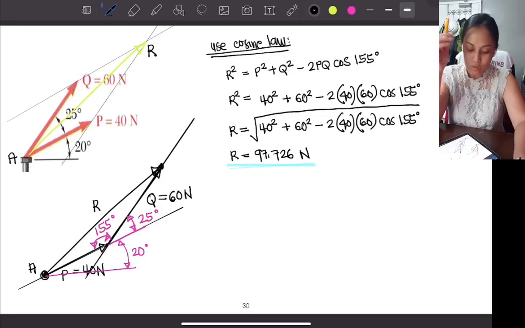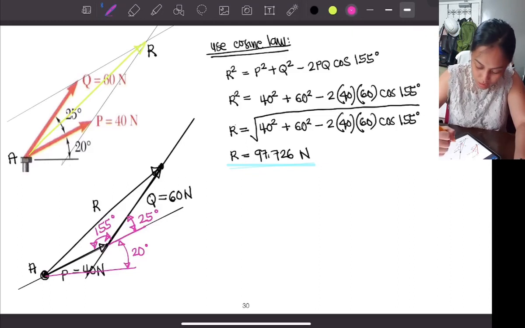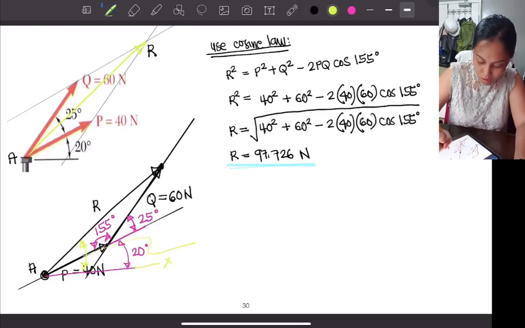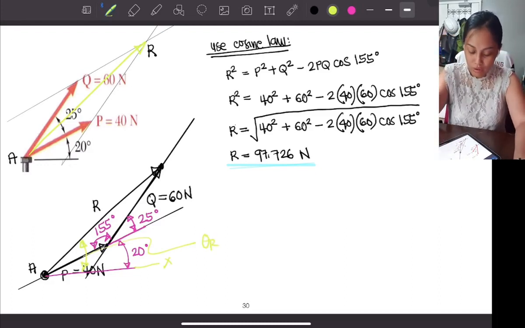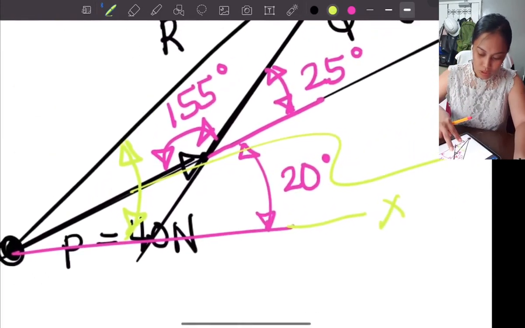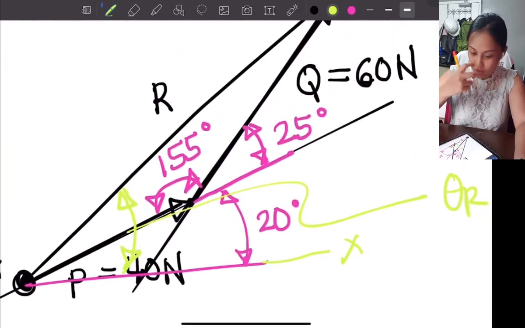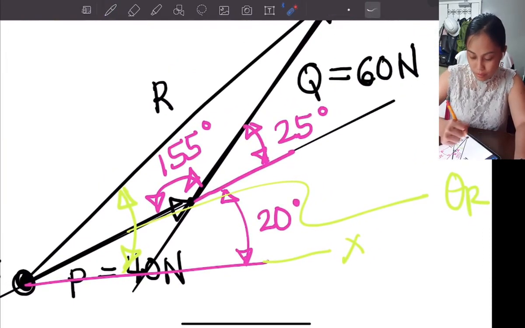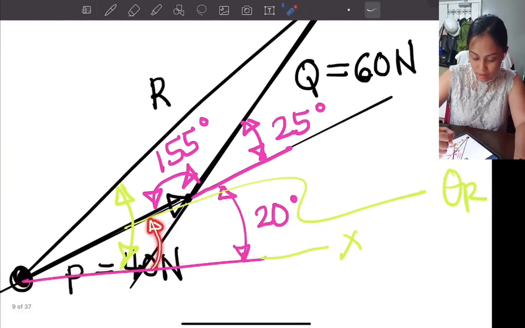Since we found the resultant force, we should also know its direction. The direction is this angle from the x-axis toward the resultant force. This is our theta R, or the direction of the resultant force. How do we determine theta R? We know that from the x-axis, this angle is 20 degrees.